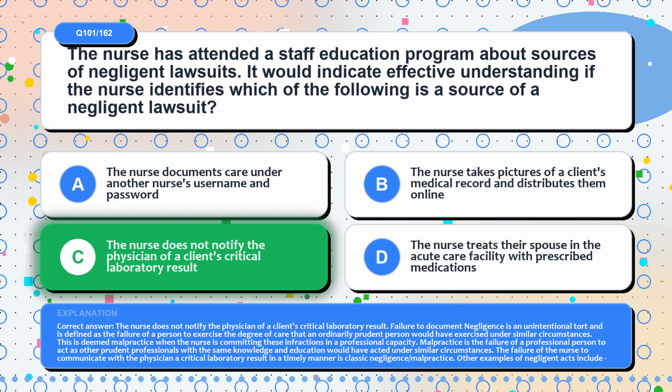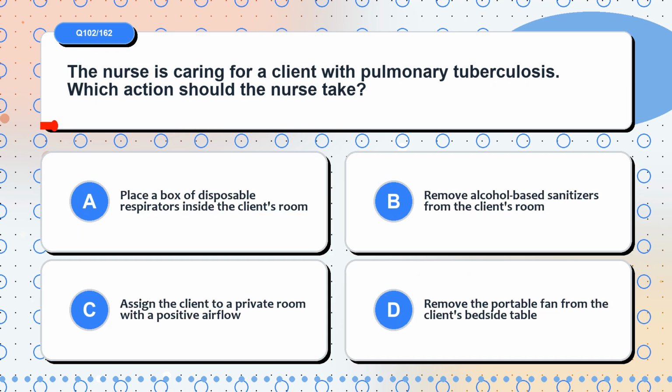The failure of the nurse to communicate with the physician a critical laboratory result in a timely manner is classic negligence/malpractice. Question 102. The nurse is caring for a client with pulmonary tuberculosis. Which action should the nurse take?